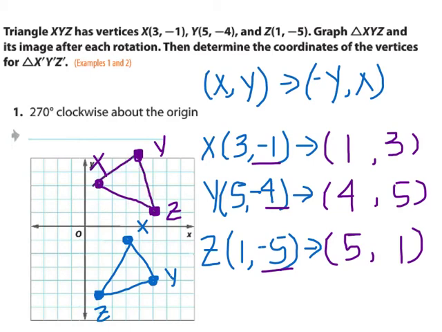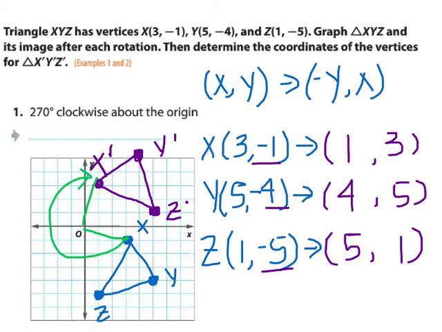And if we draw a line from x to the origin and x to the other x, now we can look at that as a 90-degree angle. That would be a clockwise rotation though, because these are all new ones. The purple is the new. So we're going from the blue one to the purple one.